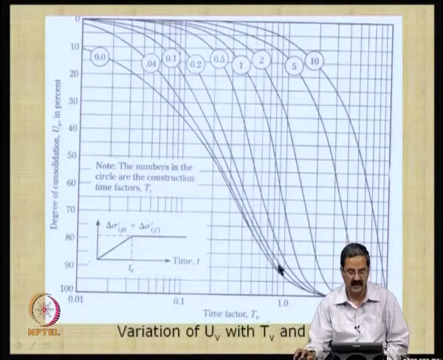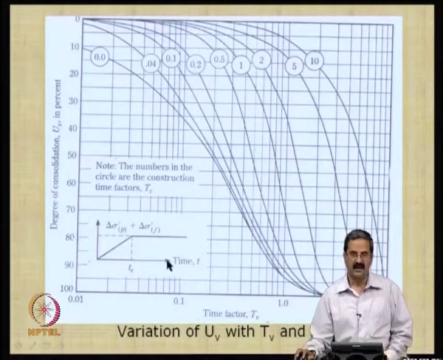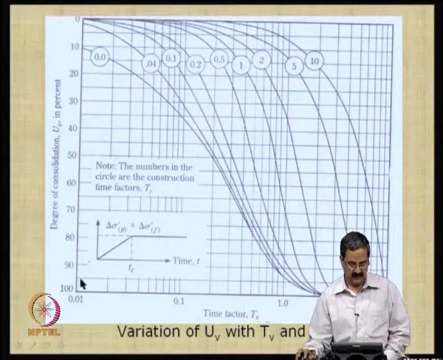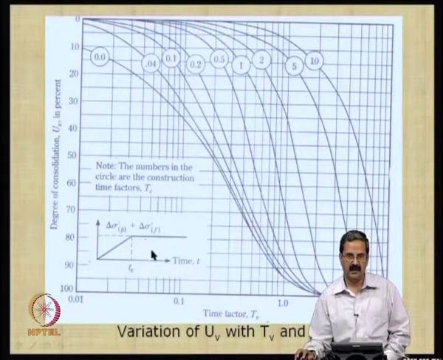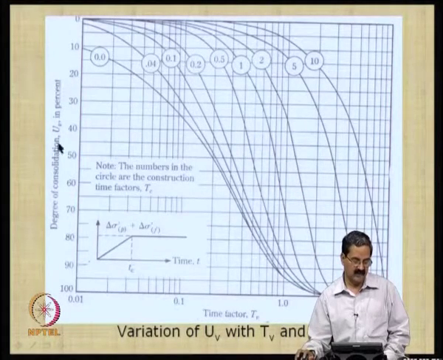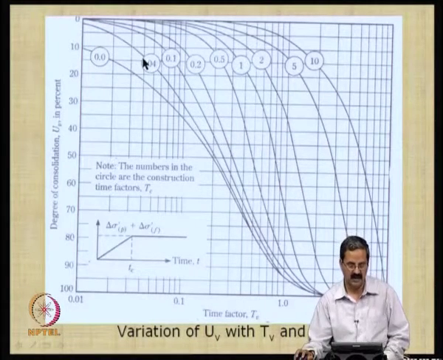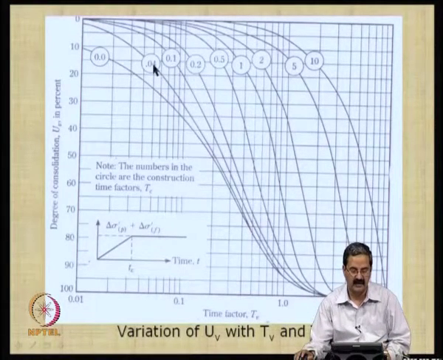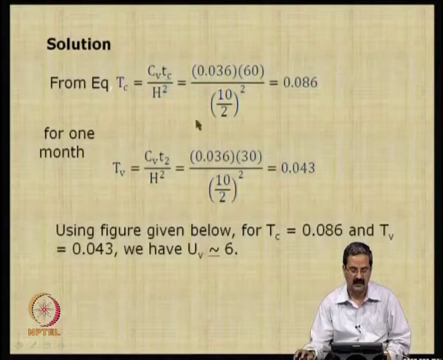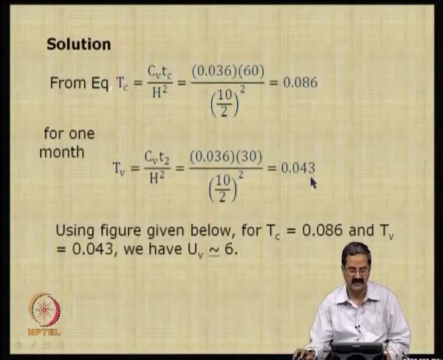Then I will show you this figure, which is what I was just mentioning, the ramp loading, the excess pressure that we have applied on the soil. This is the degree of consolidation, and this is the time factor. The numbers in the circles are the construction time factors, as in the previous slide.